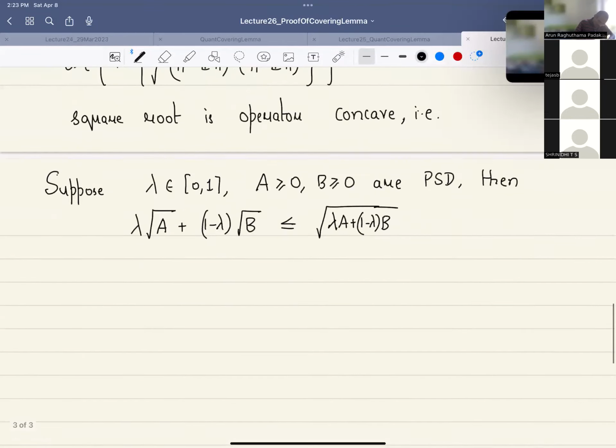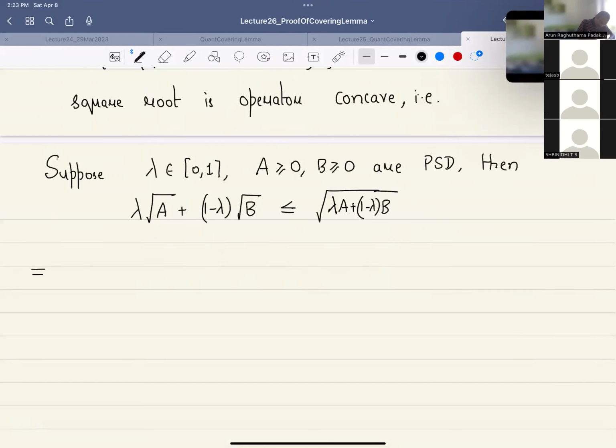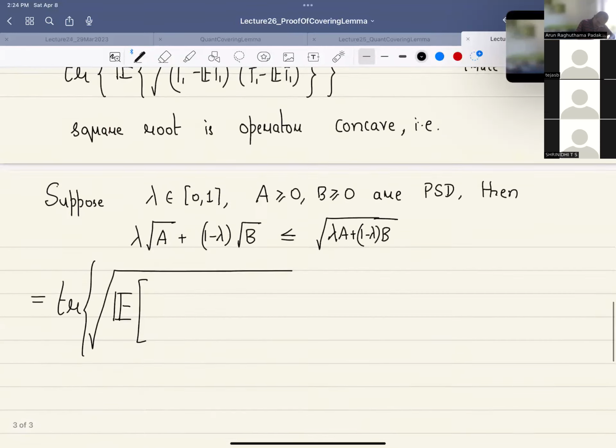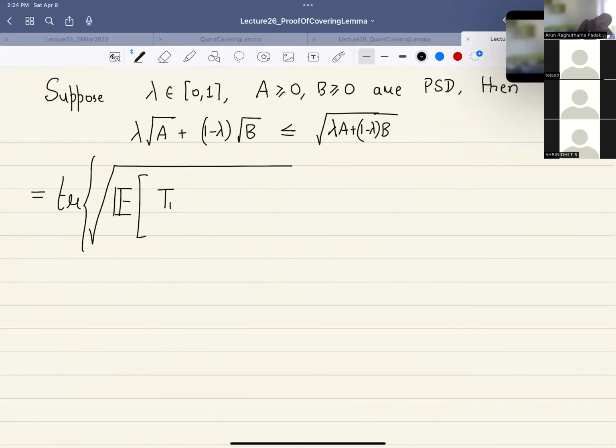And so we will exchange the root and the expectation. So I'm going to say this: the root of the expectation of T1 minus expected value of T1 dagger, T1 minus expected value of T1. What is T1?